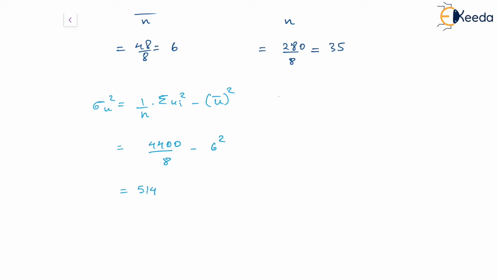Similarly, we may calculate sigma v square, which will be equal to 1 over n times summation of vi square minus square of v mean, that is 167432 divided by 8 minus 35 whole square, which comes out to be 19704. So we have found the variance of u and the variance of v also.